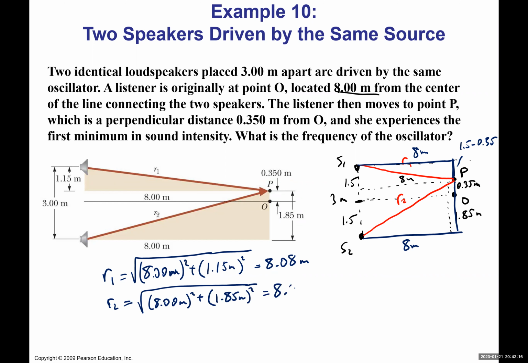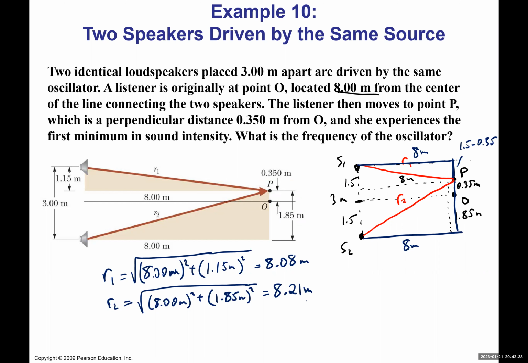Calculating this, we get 8.21 meters. That means I got my R1 and R2, and already you can see they're not the same. So I'm not going to get the case where R1 and R2 are equal to one another and delta R equals 0.